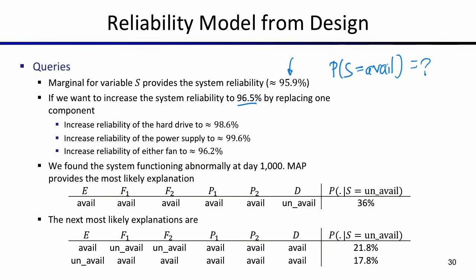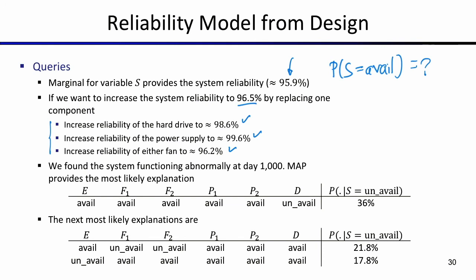In this case, the sensitivity analysis is going to give us this answer. So we can improve the reliability of the hard drive to 98.6%, or the power supply to 99.6%, or the fan to 96.2%.